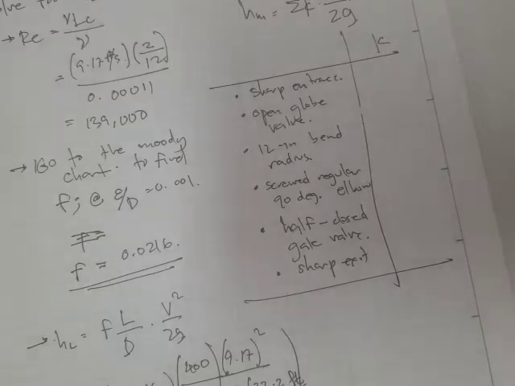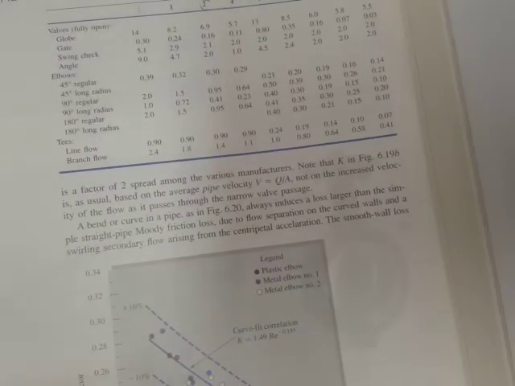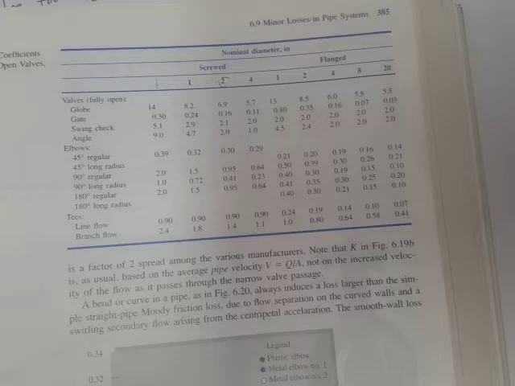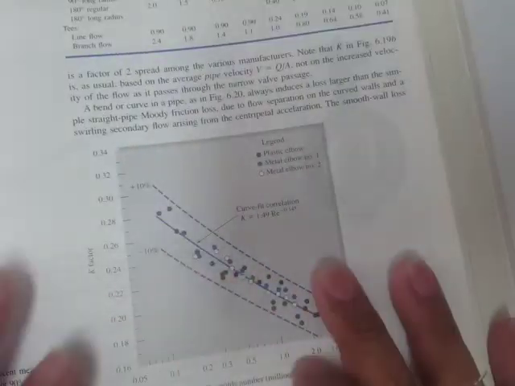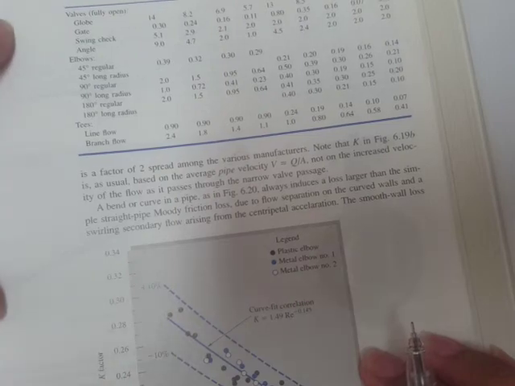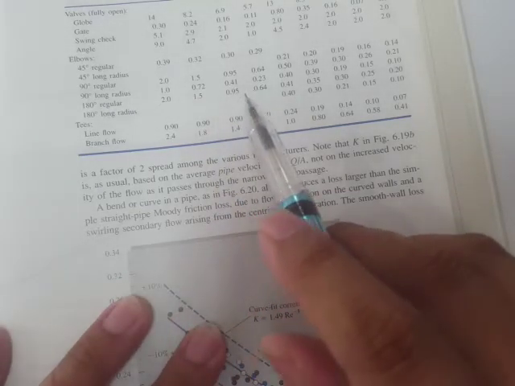Okay, so now let's go to this table. And by the way, since the problem is taken from this textbook, that's the reason why I decided to use the tables provided in this textbook instead of using our own lecture handouts.